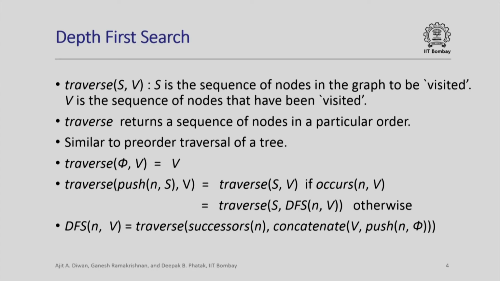A new sequence of visited nodes is obtained by concatenating V and the sequence push(n, phi). So, we add n to the end of the sequence of visited nodes V, and that is our new list of visited nodes.